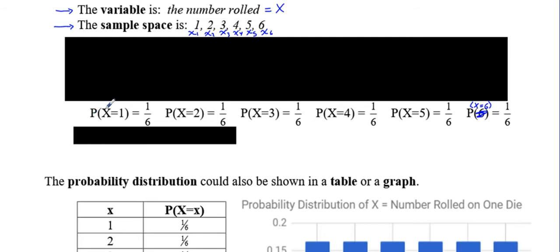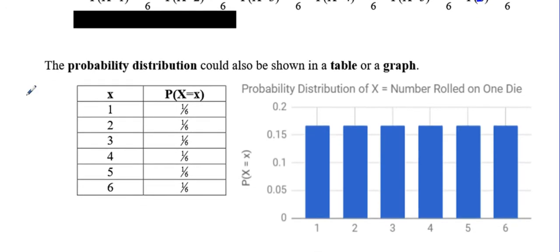Now, having to write out P(X = x) all the time is a little bit annoying. So what you could do is list it in a table. In the first column is the little x, and these are your outcomes. In the second column is the probability of each outcome.